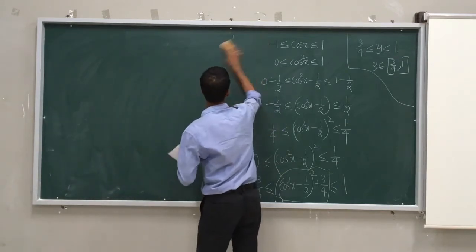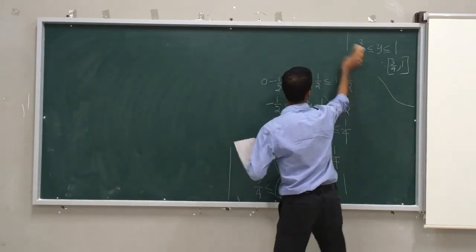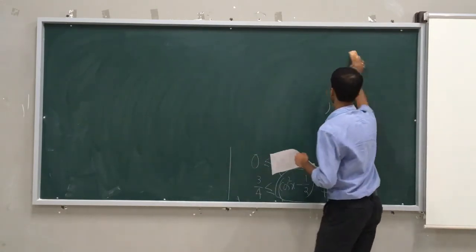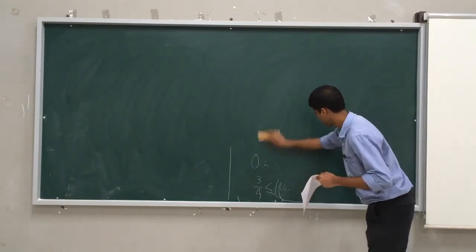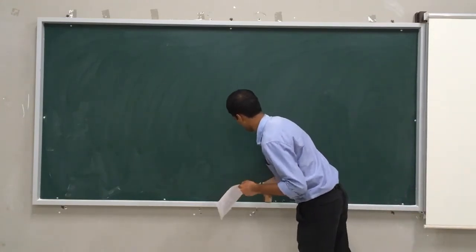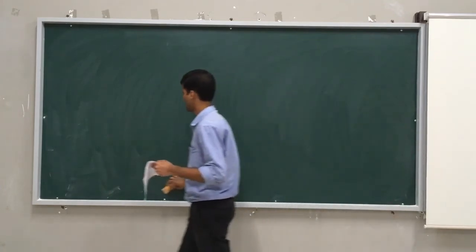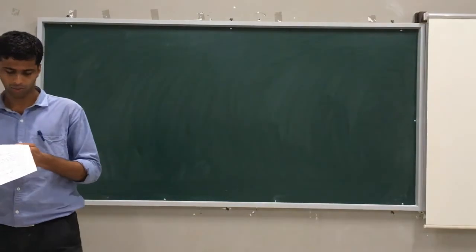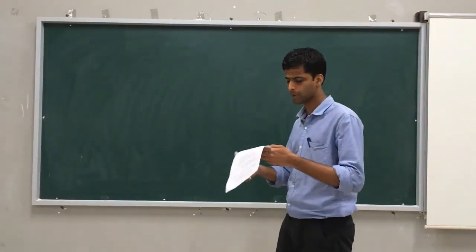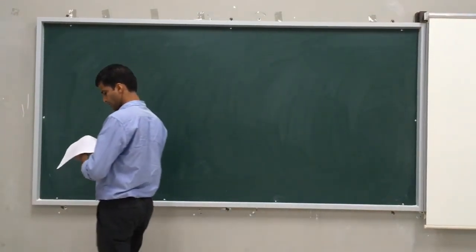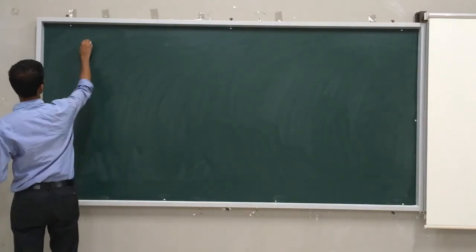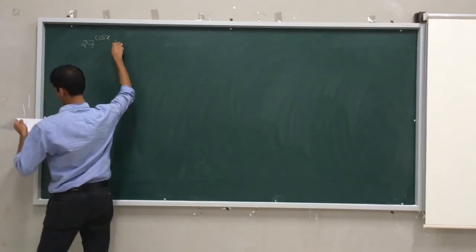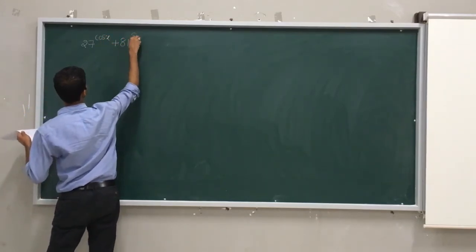Now we will discuss the next thing. What is given here is the minimum value of 27 to the power cos x plus 81 to the power sin x.